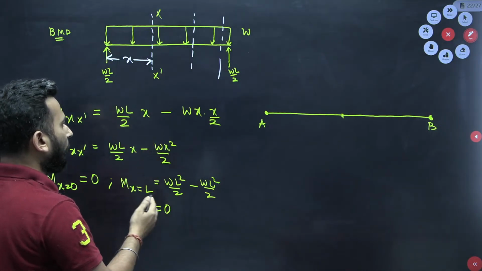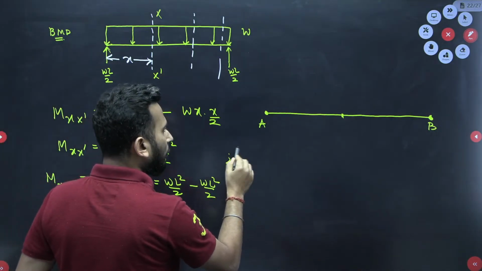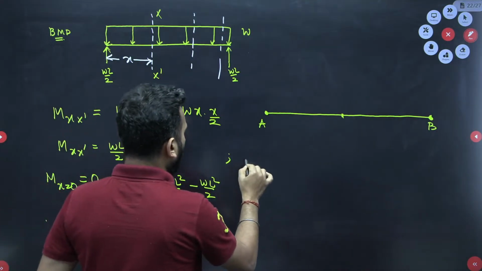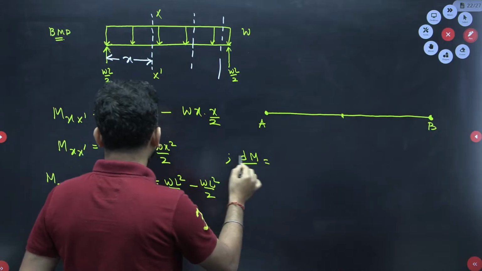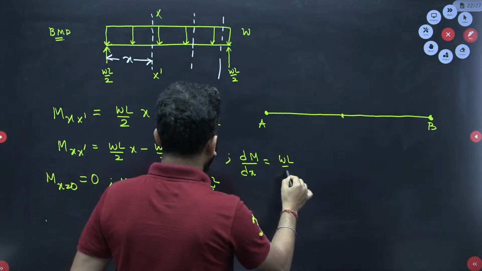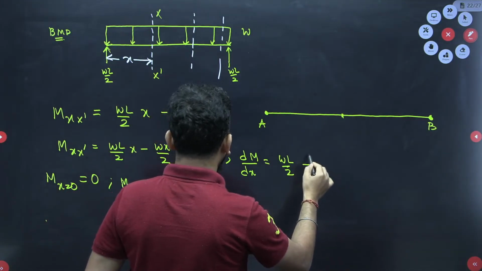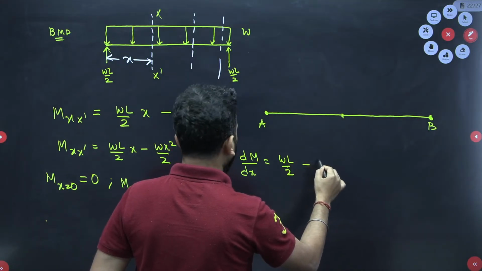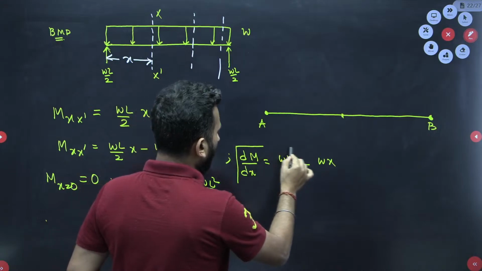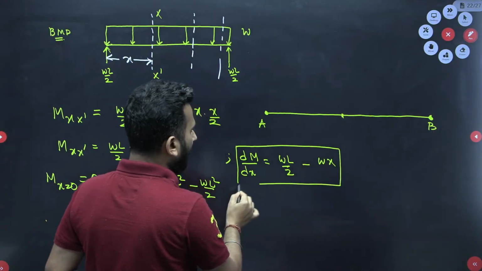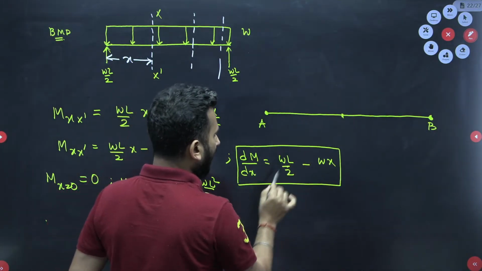So for that we have to find the slope. Slope is needed. Without slope you cannot do anything. So dM by dx. What is the slope? The slope is coming out to be WL by 2 minus Wx. This equation is saying clearly that the slope is not constant, it is changing with x.